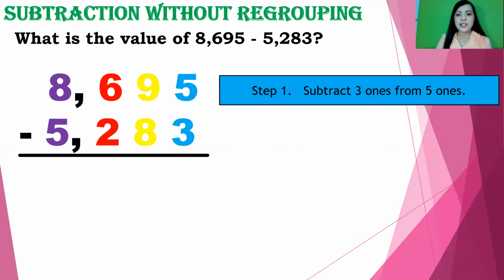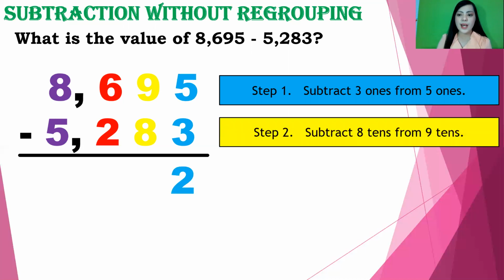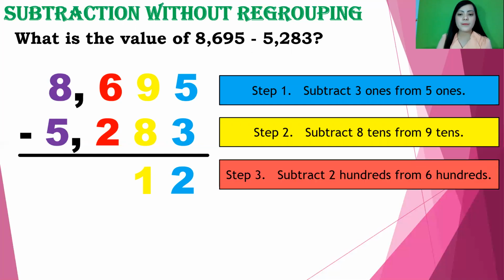Right, let's start with step number 1. Subtract 3 ones from 5 ones. 5 minus 3 is equal to 2. Step number 2, subtract 8 tens from 9 tens. So that is 9 minus 8 is equal to 1. Step number 3, subtract 2 hundreds from 6 hundreds.